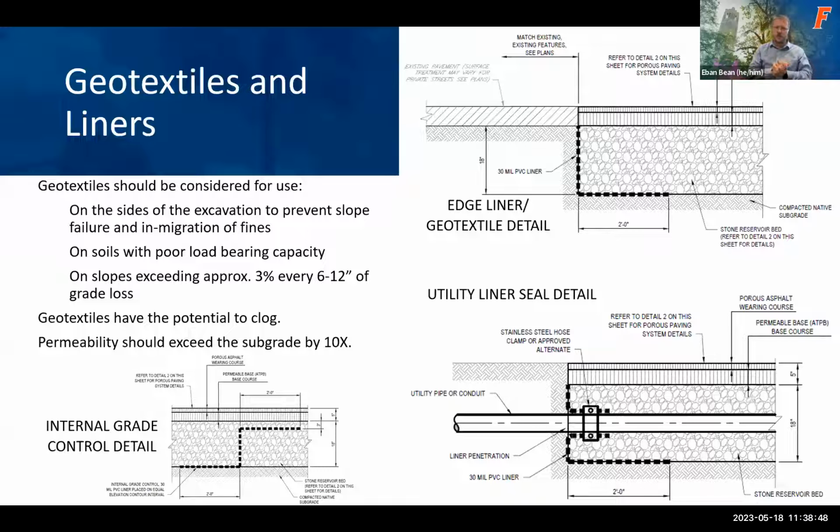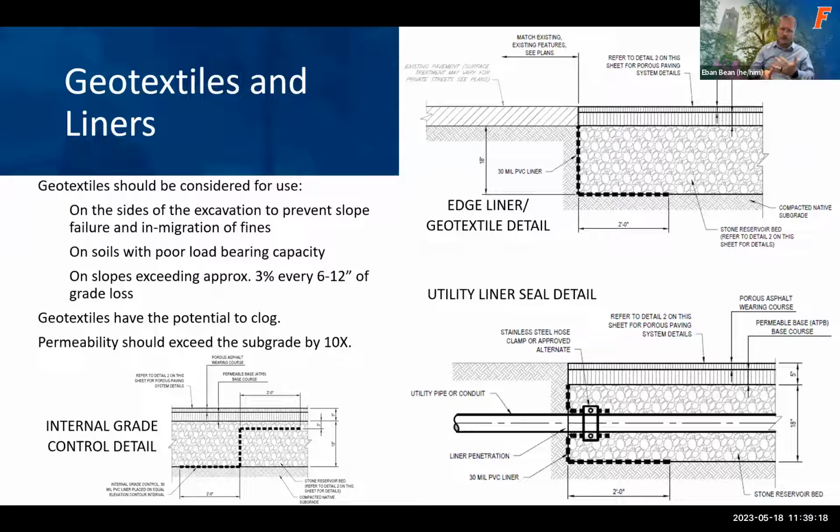Geotextiles and liners. This is an important aspect to consider with permeable pavement systems. If it is a permeable geotextile, number one, it should have an infiltration rate that exceeds 10 times the infiltration rate of the soil, so that the geotextile is not limiting the storage recovery.